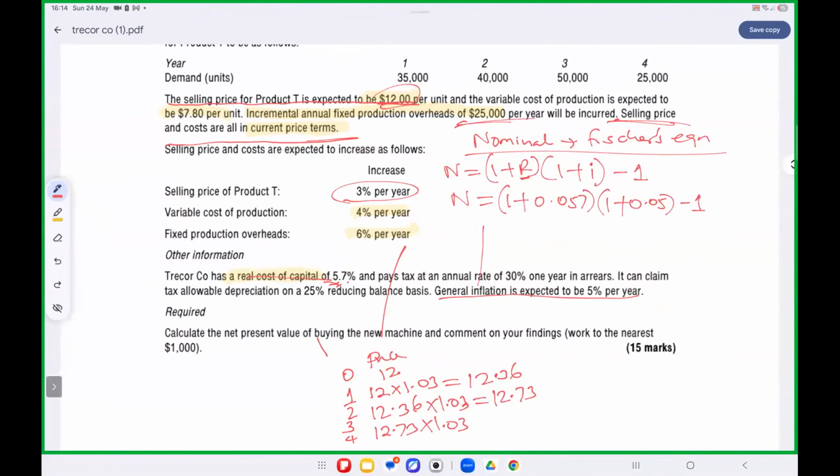So you can see here, Tracker Company has a real cost of capital of 5.7% and it pays tax at an annual rate of 30%, 1 year in arrears.